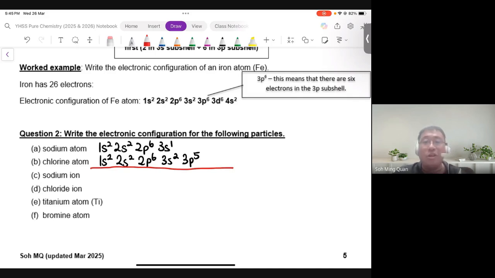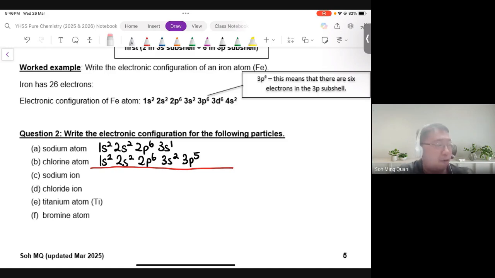So the sodium ion, if you recall, sodium is in group 1. Group 1 elements have 1 valence electron. That makes sense, right? 3s1, 1 electron in the outer third shell, all right? So sodium is not stable. It's reactive. So what will sodium do? Sodium will lose the 1 valence electron, the 1 electron in the 3s.